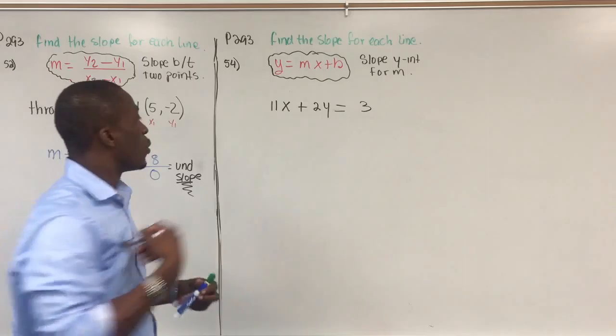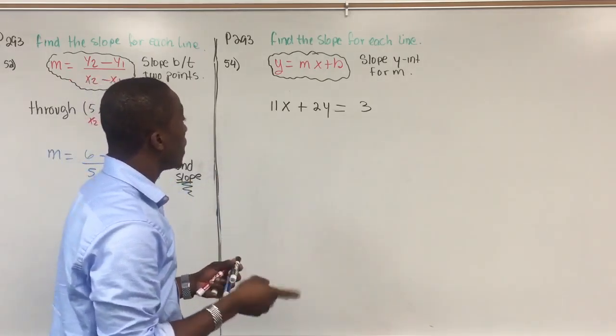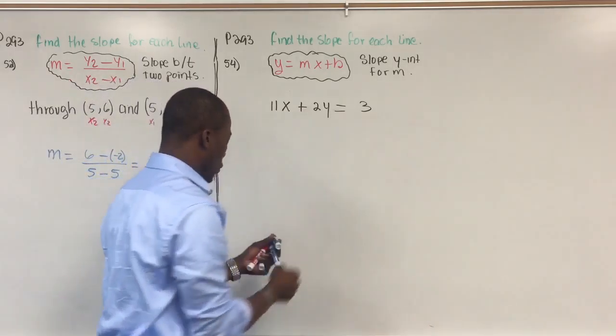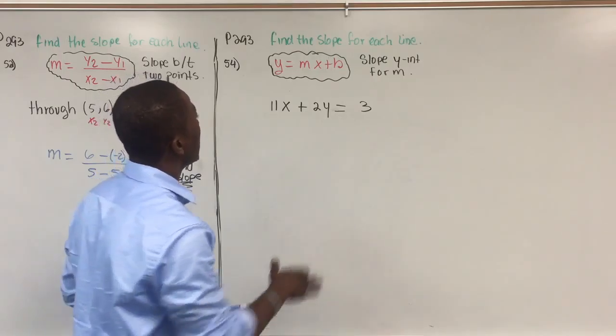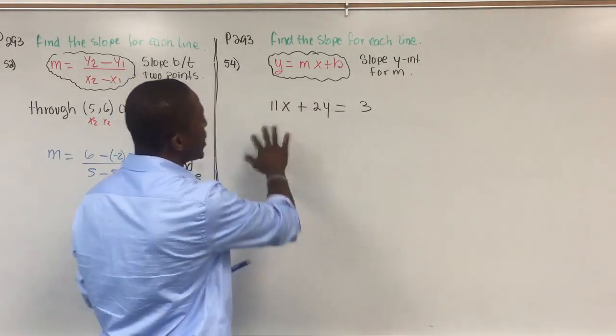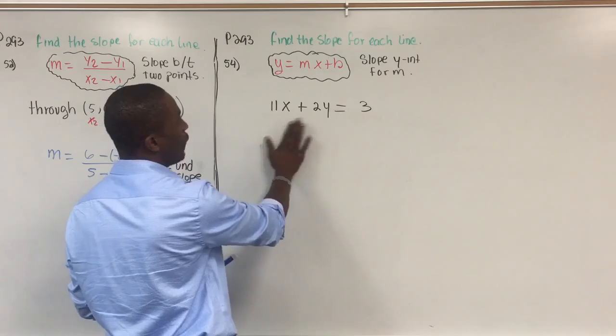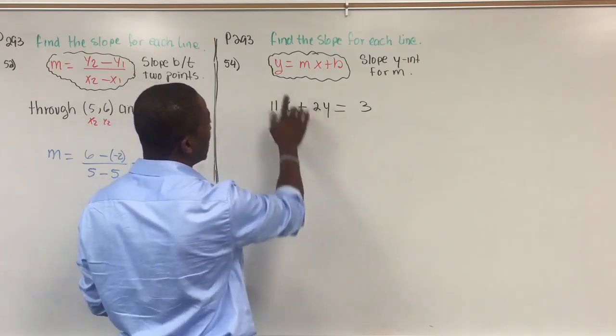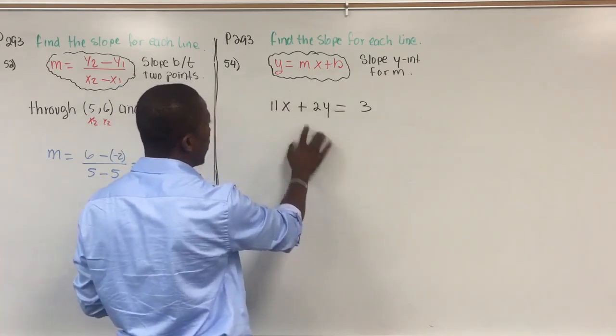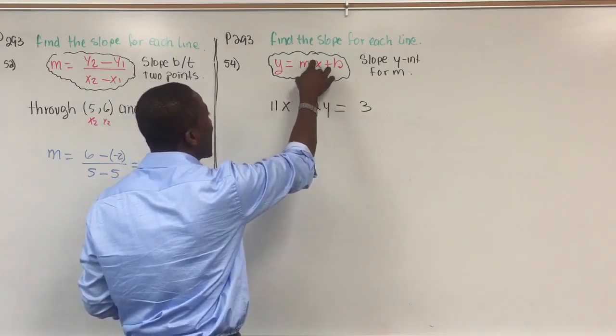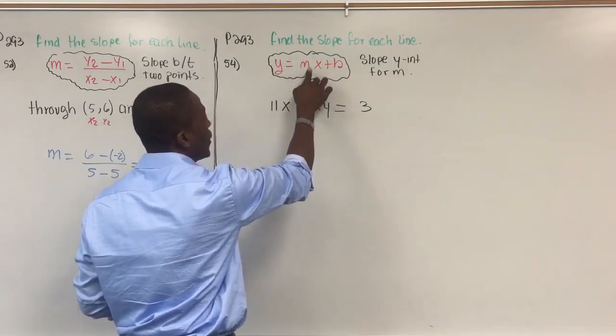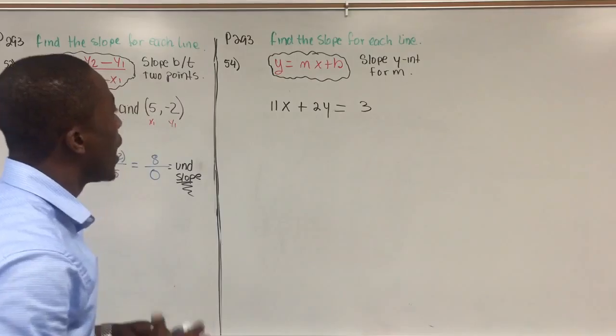Now for this one, we have 11x plus 2y equals 3. So what we need to do is rearrange this, solve for y, to put this equation in this format, and then we can pick out whatever number comes in front of the x, and that will identify as our slope.